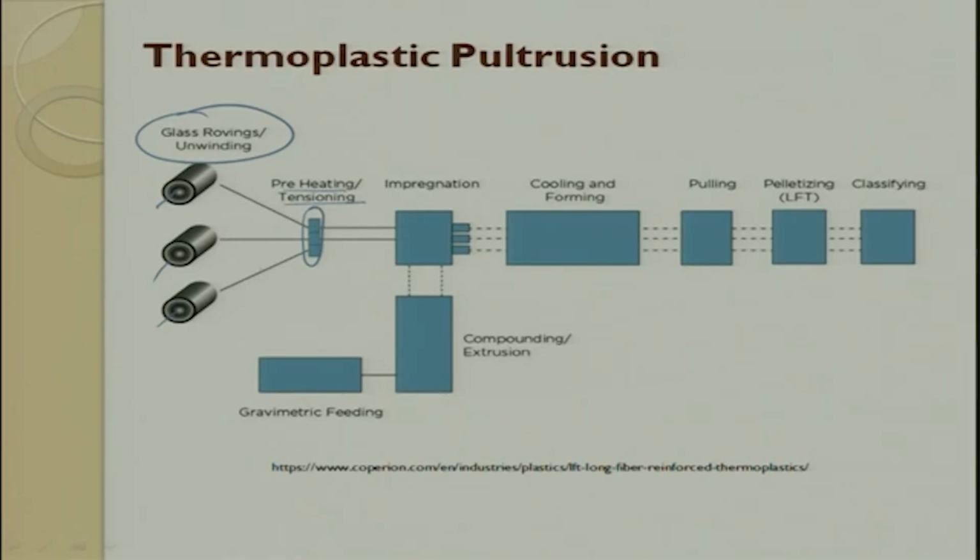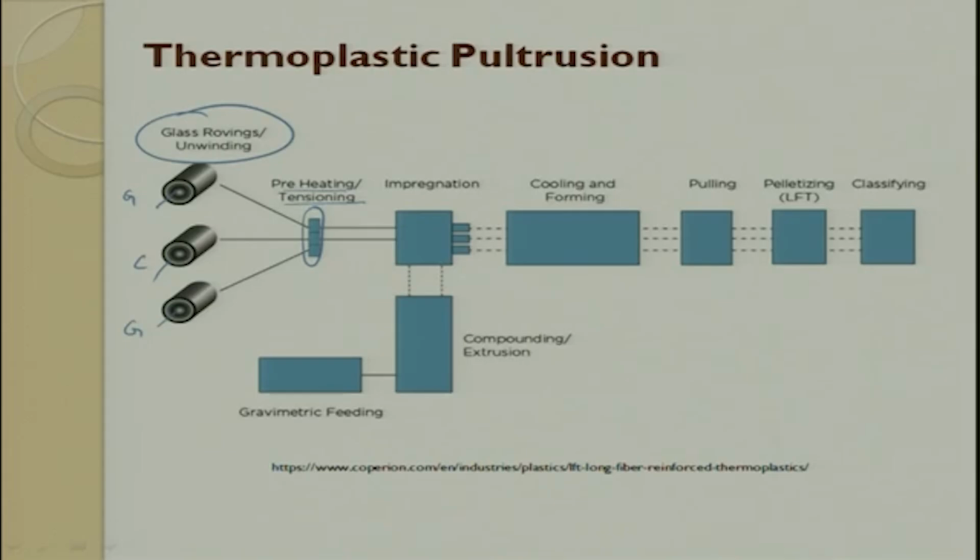It can be glass fiber, carbon fiber, Kevlar fiber, or a combination of glass and carbon. So, you can also have mix and match made here. From the reel it goes, and here, by the way friends, it is 2 axis. In real time, you will have multiple reels feeding in.